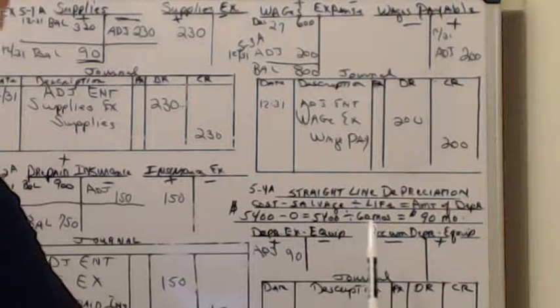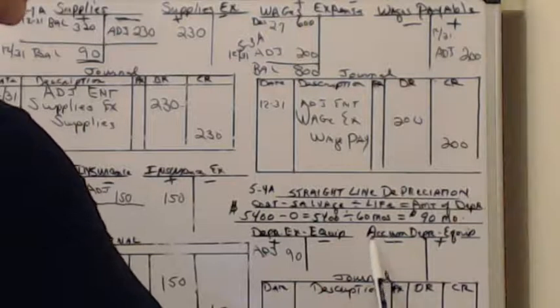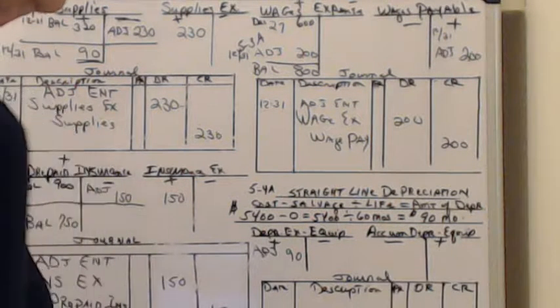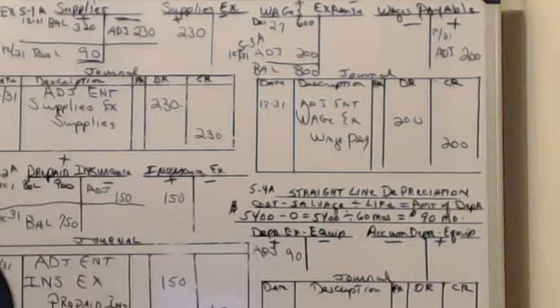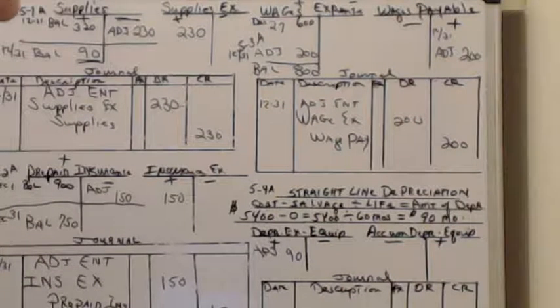Now, I'm going to another new account. You notice this account is called accumulated depreciation for that equipment. I am not going to my equipment account. Accumulated depreciation is what we call a contra asset account.